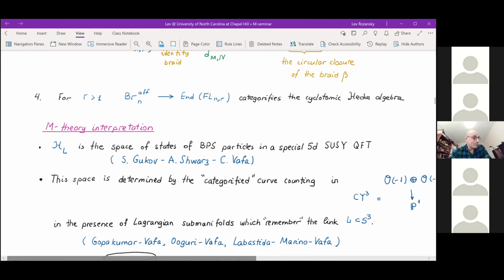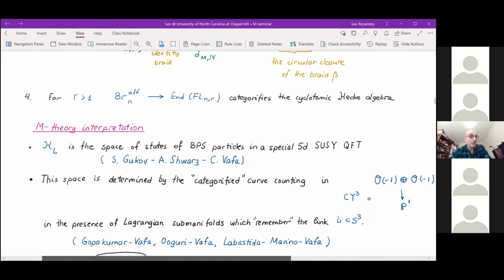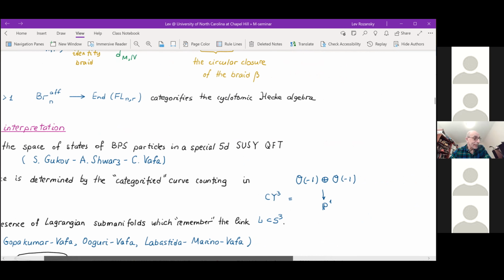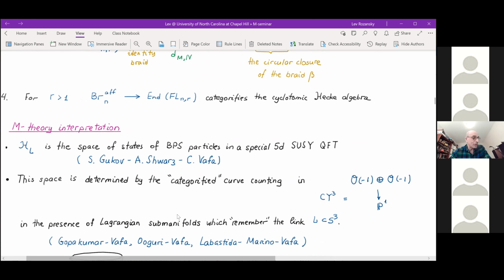Another general fact is that this space is determined by categorified curve counting in a special 3-dimensional Calabi-Yau, which is O(-1)⊕O(-1) over local P1, in the presence of special Lagrangian submanifolds in this CY3, which remember the link in S3.